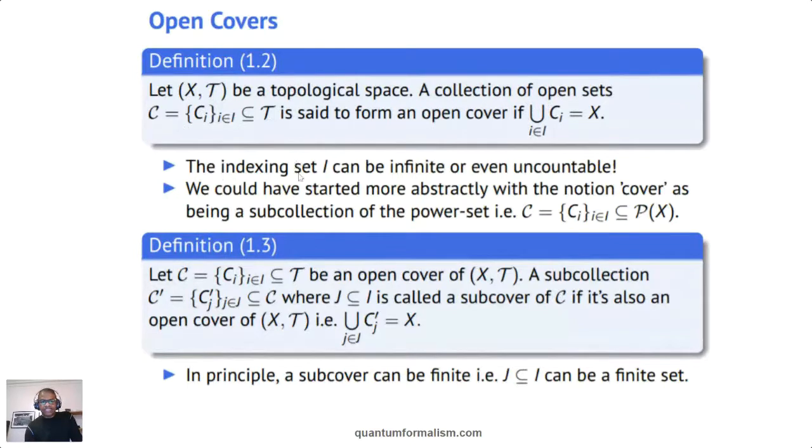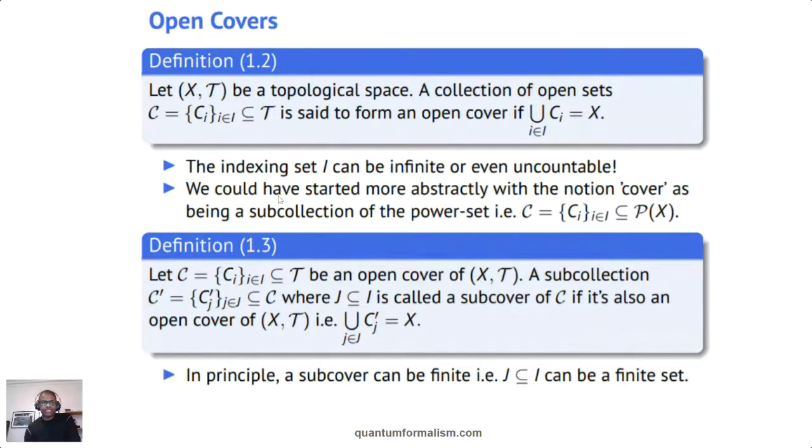Now, the indexing set I, in principle, can be anything, really. It can be infinite. It can even be uncountable, okay? So there's no restriction on what this indexing set can be. Obviously, as you will see in the next few slides, especially in the case of compactness, we require something a little bit less wild, okay?